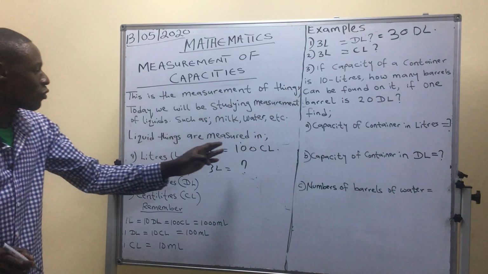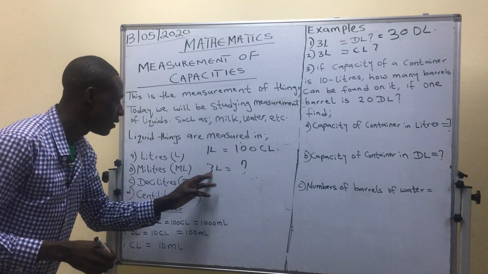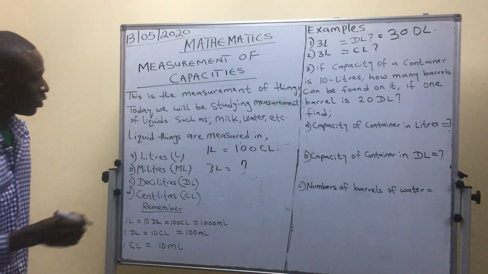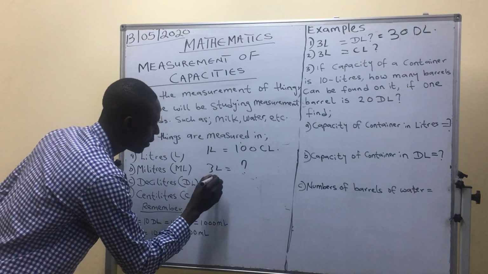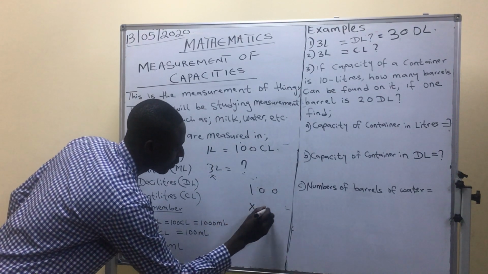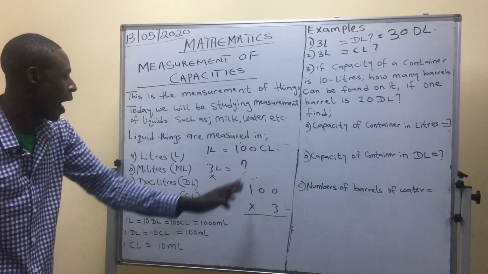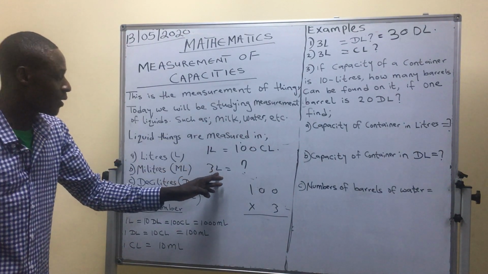Now, if in 1 liter you have 100 centiliters, and this is 3 liters, means you have to multiply 3 by 100 to get the number of centiliters inside 3 liters.